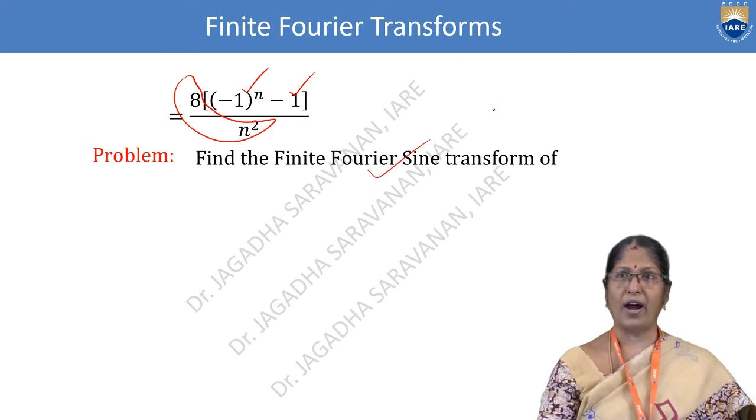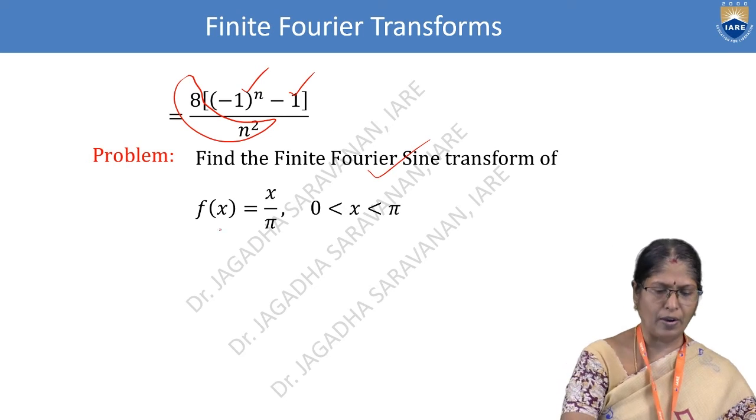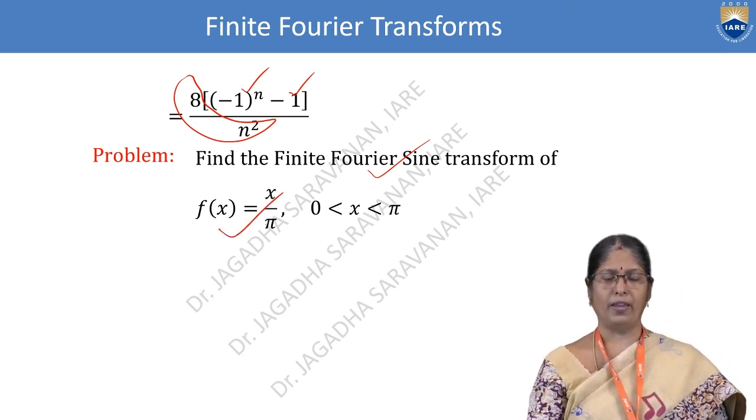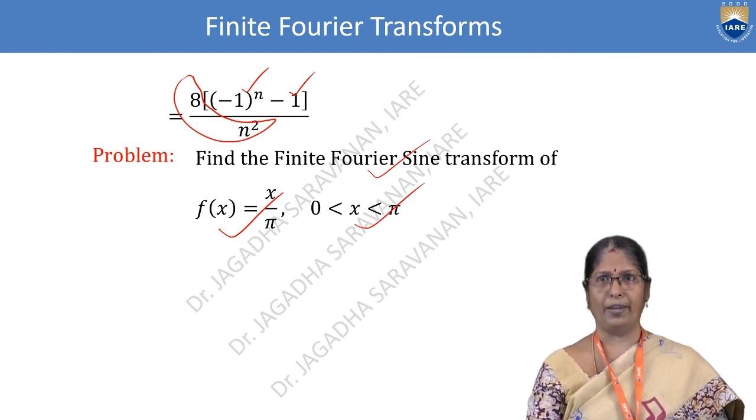Find the finite Fourier sine transform of f of x equal to x by pi, where x lies between 0 to pi.